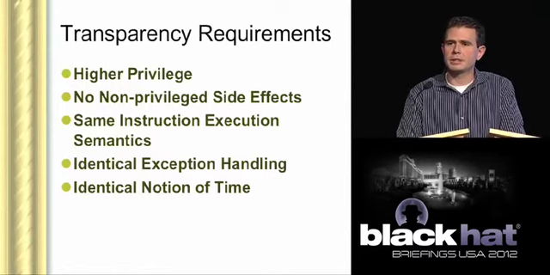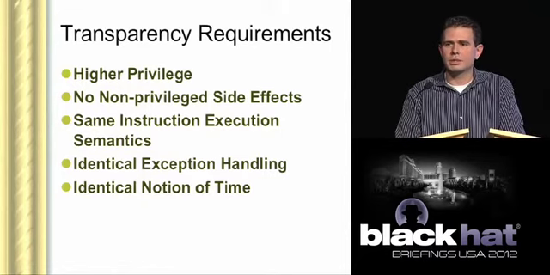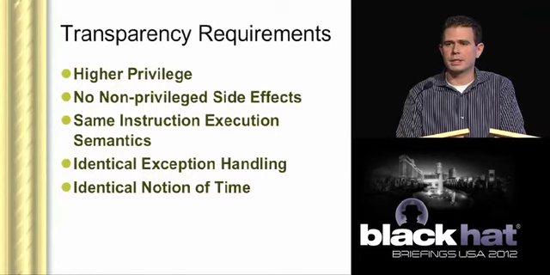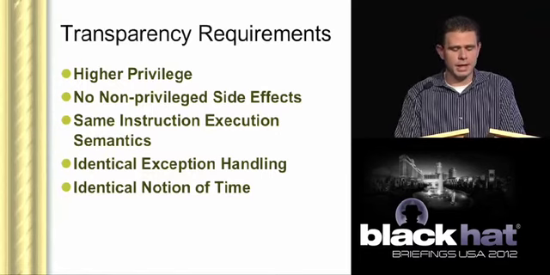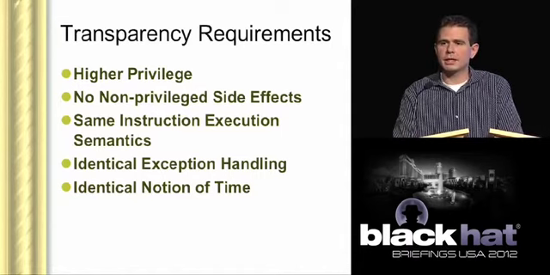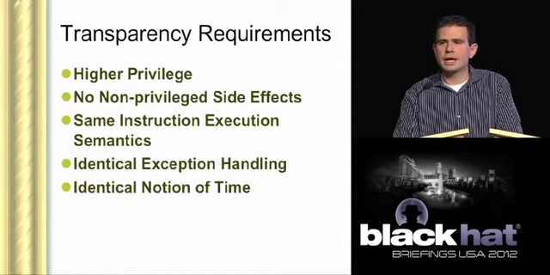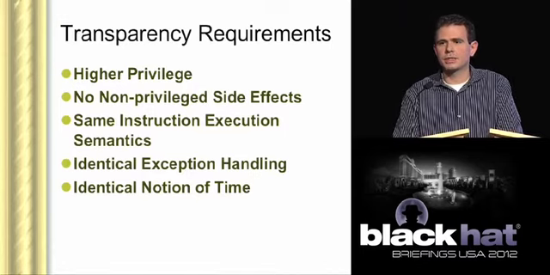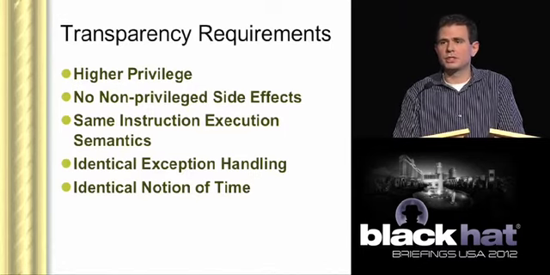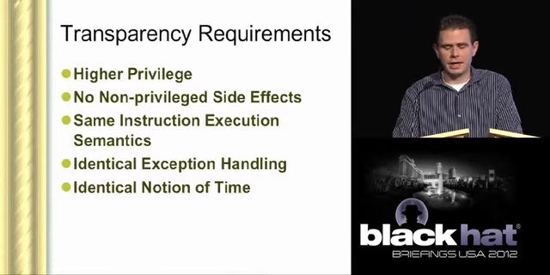That simply means that the analyzer must have or operate at a higher privilege level than the malware it is analyzing. Otherwise, the malware can detect its presence and even attack the analyzer. The second requirement states that it's okay to have side effects so long as access to them is through privileged instructions at a higher privilege level that is preemptible by the analyzer.